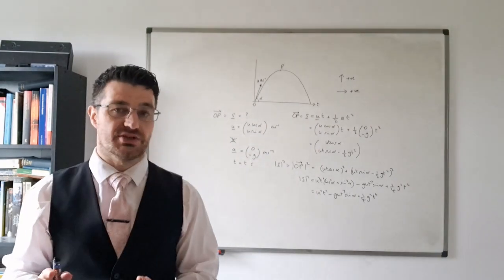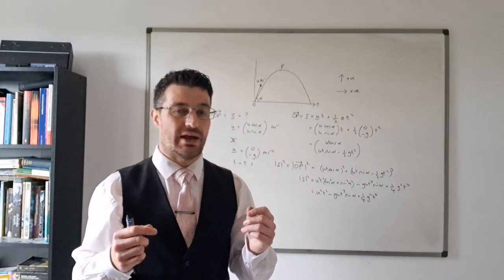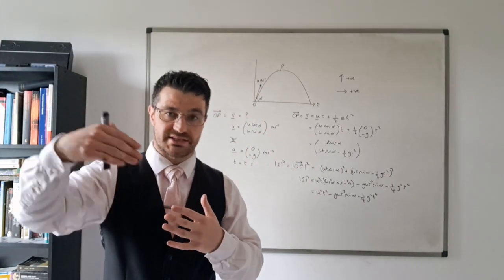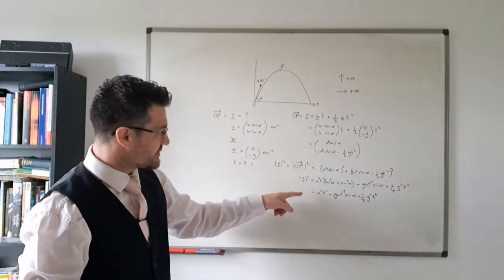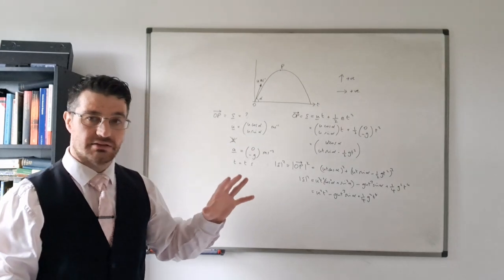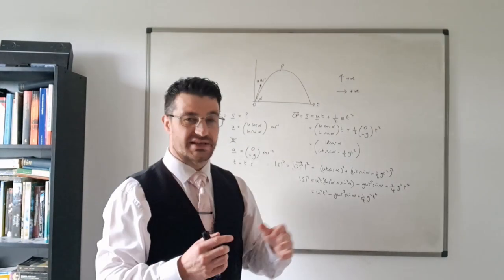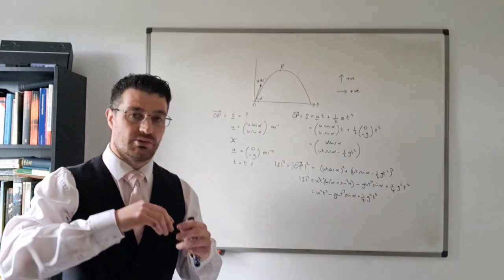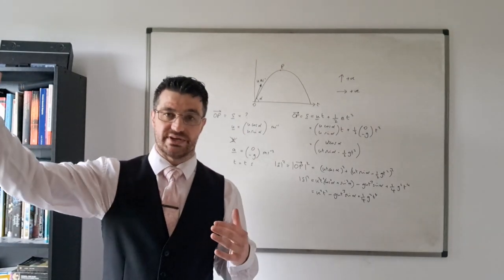So what I'm interested in doing now is when this distance function is always increasing. When it's increasing, then the gradient function must be positive. So I'm interested in when the gradient function of this is going to be positive, because whenever the gradient function is positive, the distance is going to be increasing.